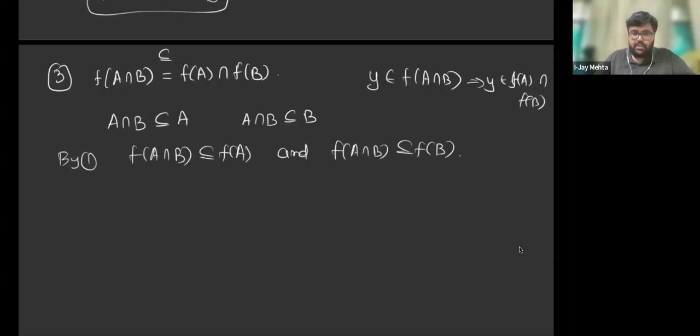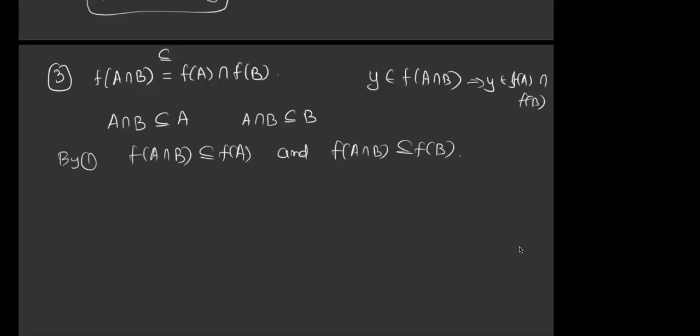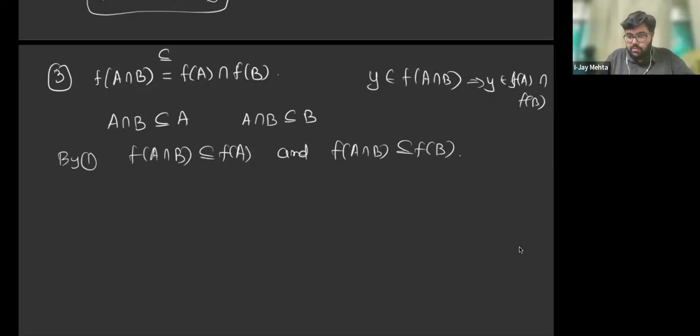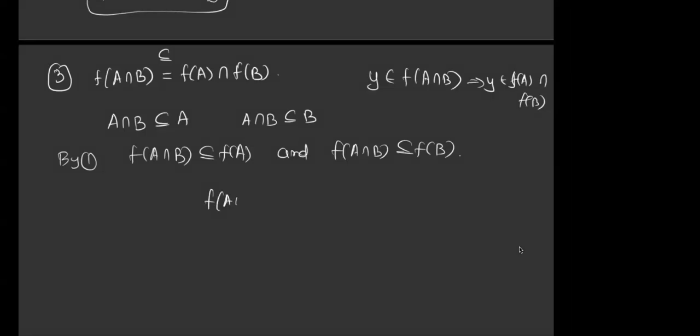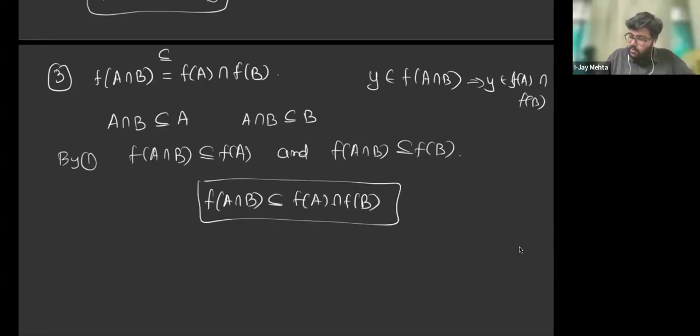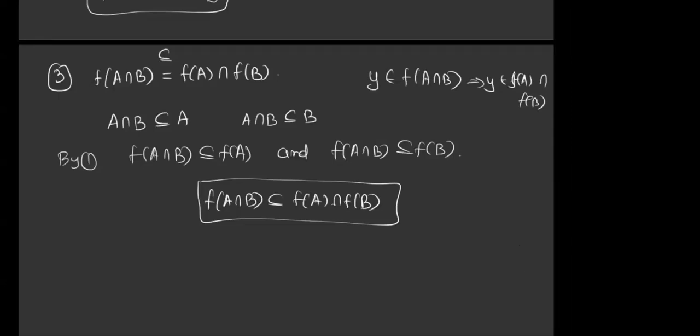So it is a subset of the intersection. Yes, sir. So what have we proved, Advait? That F of A intersection B is a subset of F of A intersection F of B. Okay, thank you.